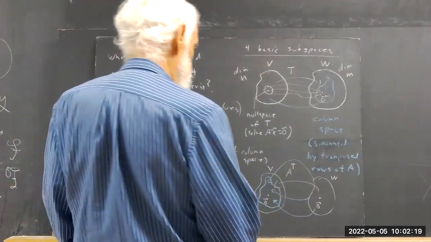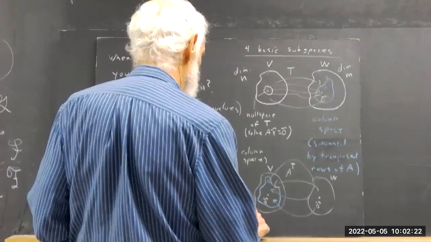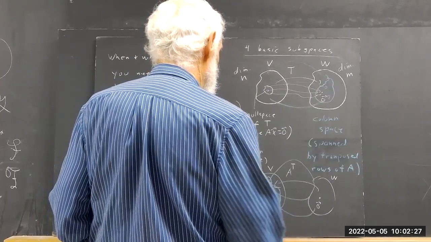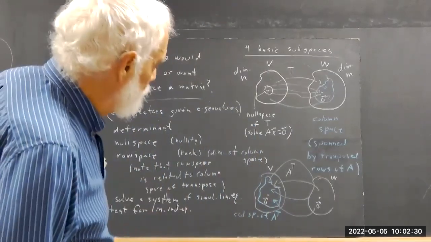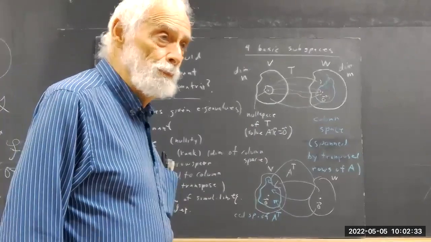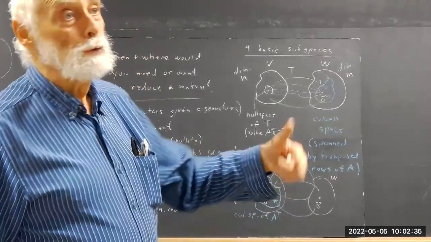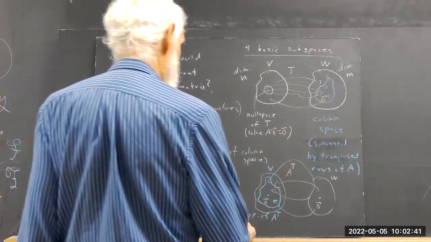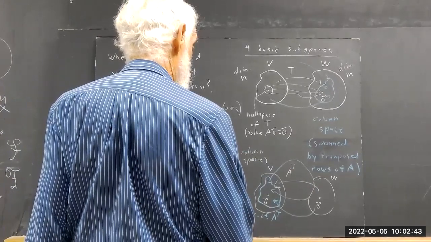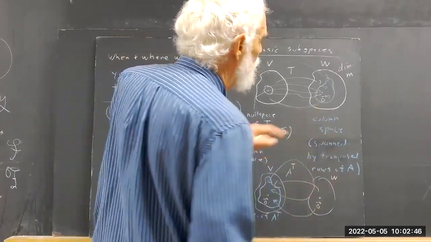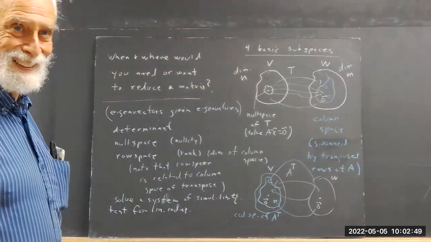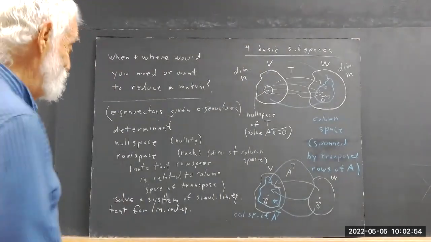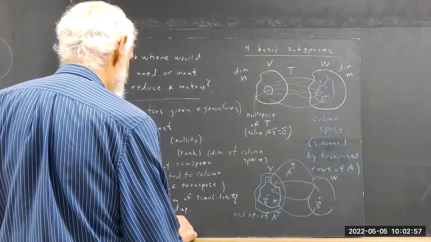So now what's the column space of A transpose? Well, the columns of A transpose are the rows of A. Okay. So it's spanned by the transposed columns of A transpose. Okay. And gee, that's worth writing out. Yeah, I'll give myself a little room.